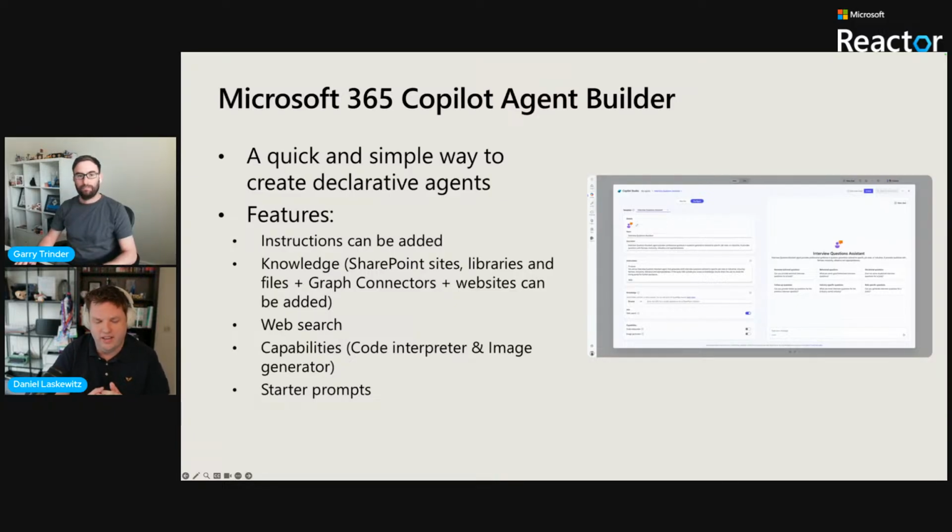You can pick one of the templates that's already available, or you can even chat to the agent builder, and then it will enter all the details in there. It will figure out a name, a description, instructions, and then it will be able to create your agent. You can also create it yourself and enter all the details yourself.